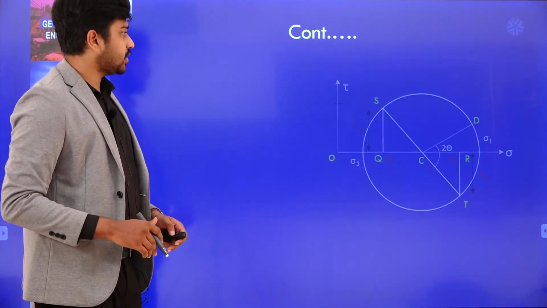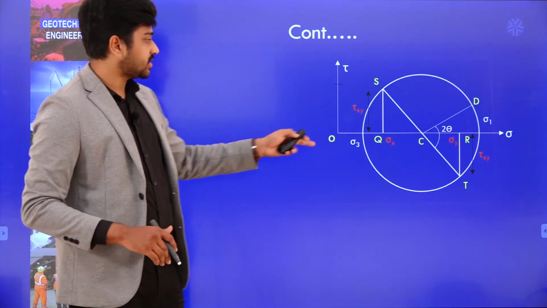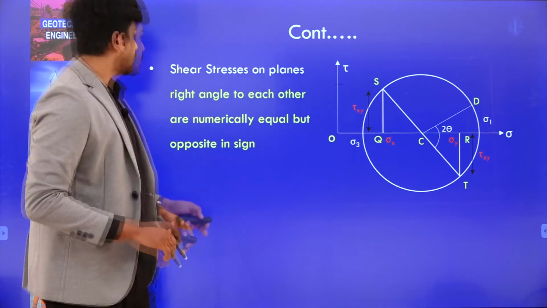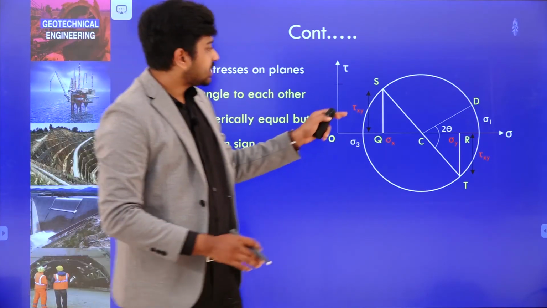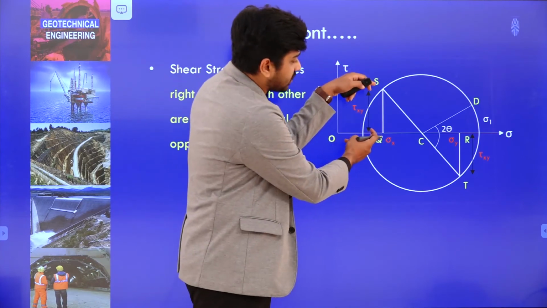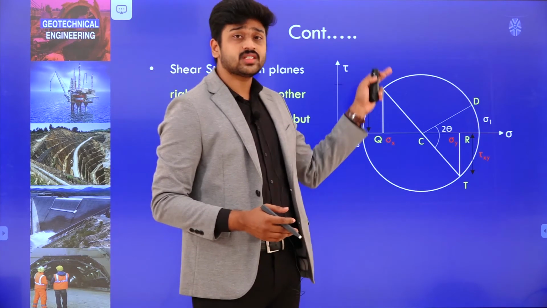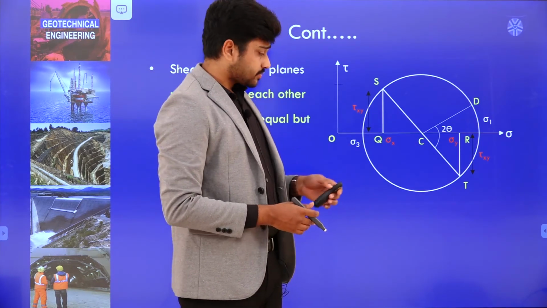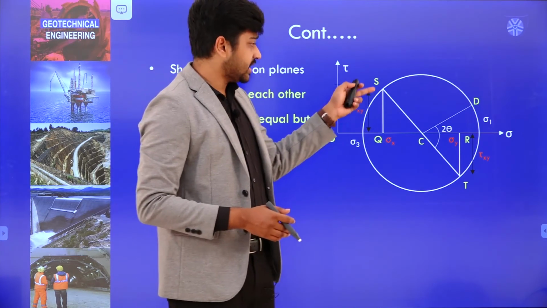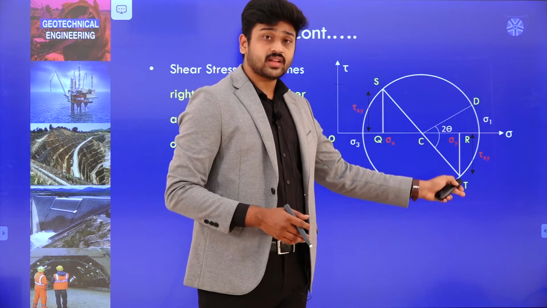Let us try to understand this particular Mohr circle which I have considered previously. So, if you see here, another characteristic is that this point, SQ and ST. You may be wondering why I have drawn the shear stress upwards and the other one downwards. Okay, because for our convenience we need to consider the shear stress at one region as positive and the other region as negative.